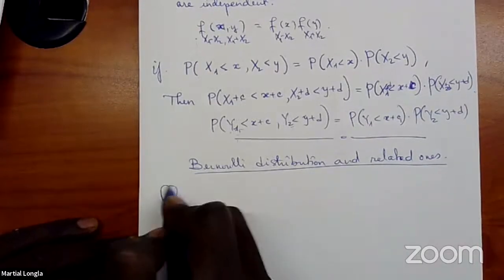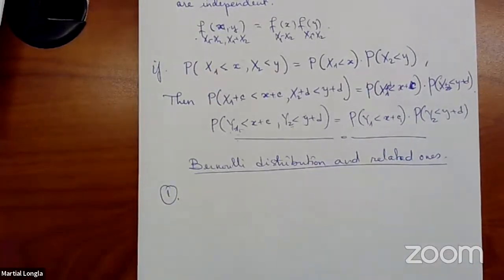We have talked several times about the Bernoulli distribution in this class. How do we define that random variable?